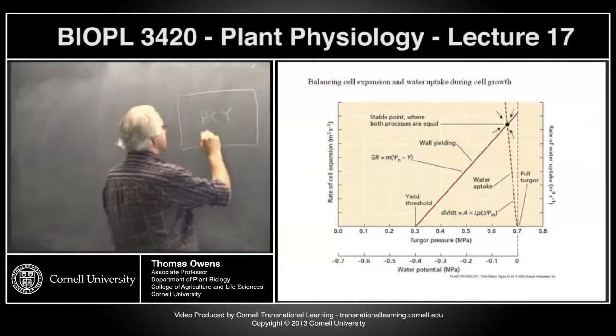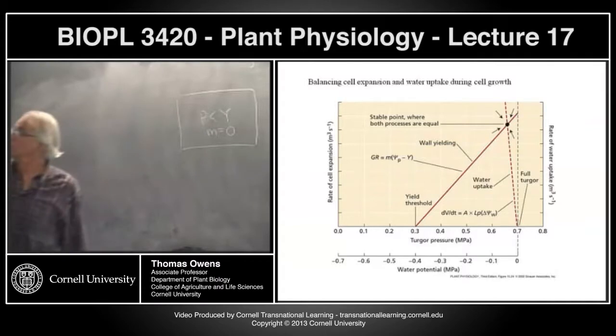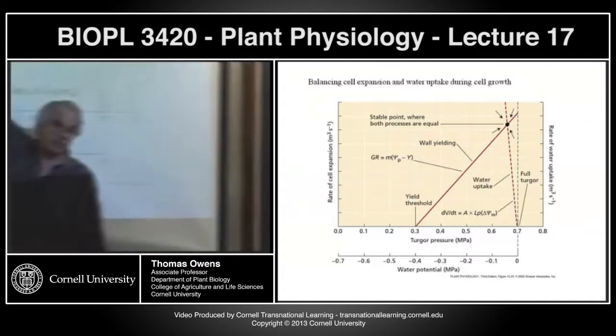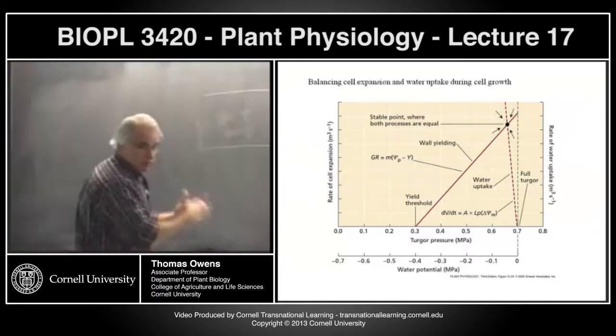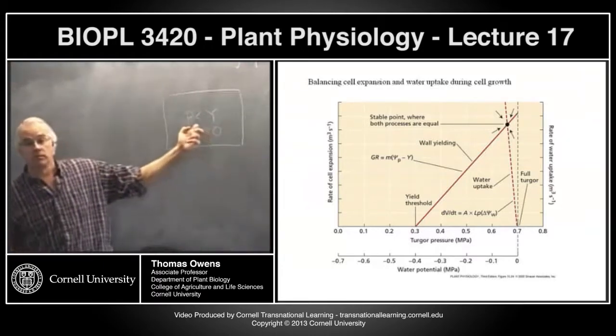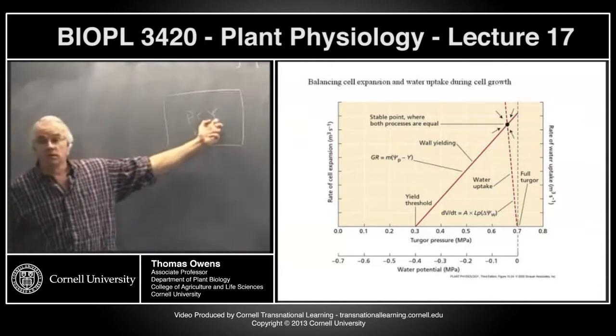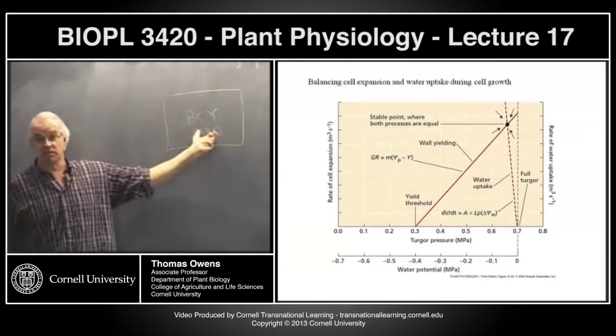And we're also going to say at time 0, m is equal to 0. This factor that represents how much the cell expands per driving force, per turgor pressure, is 0. Okay? So, is this cell going to grow? Can't grow if m is equal to 0, right?